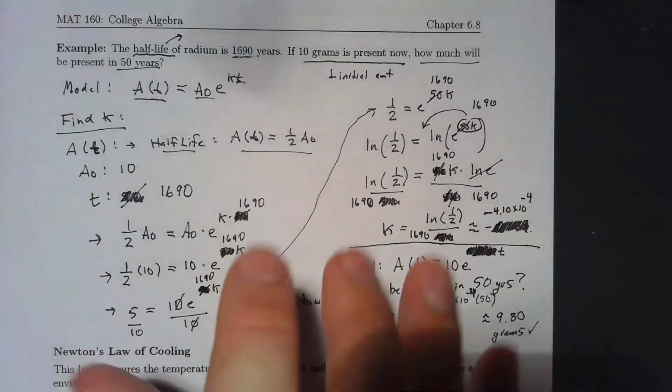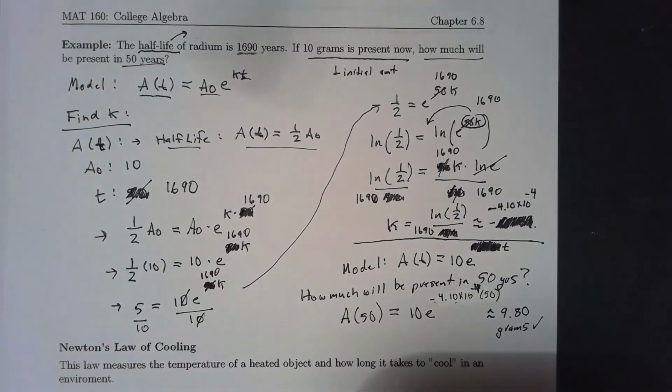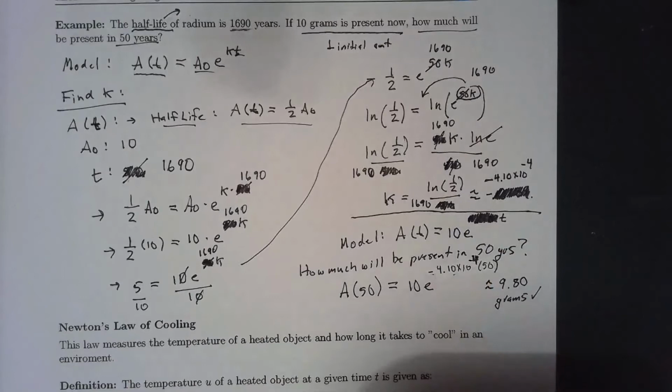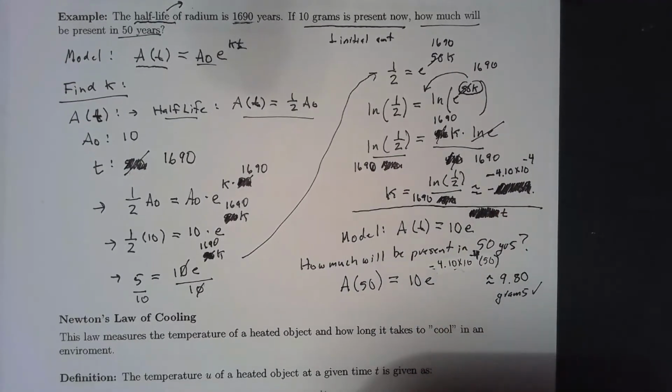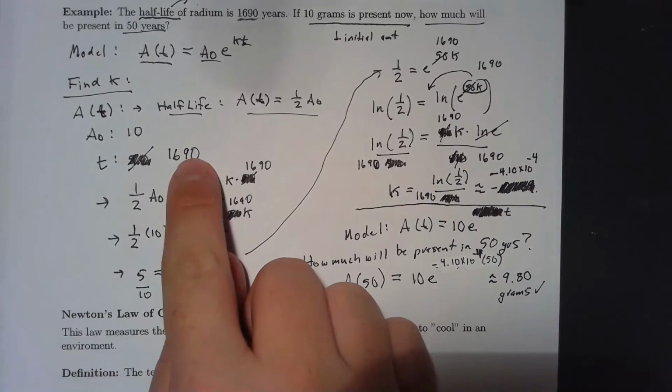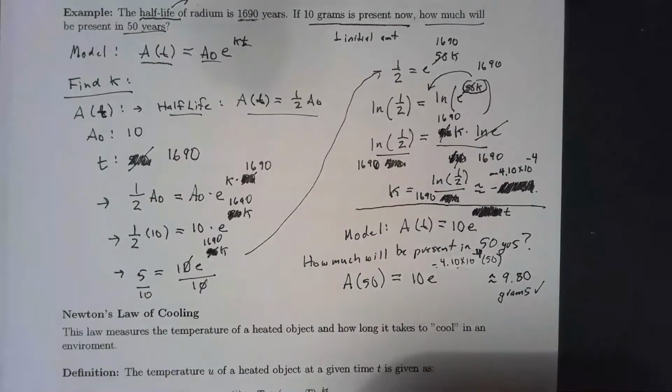So everything here is correct except this value. I picked the wrong value. I just didn't realize I picked the wrong value until I got there, because when I did the computation, it didn't make sense. If I had done this with the incorrect decay factor, it would have given me 5, which doesn't make sense. So yeah, I'm sorry, but hopefully that made a little bit more sense.